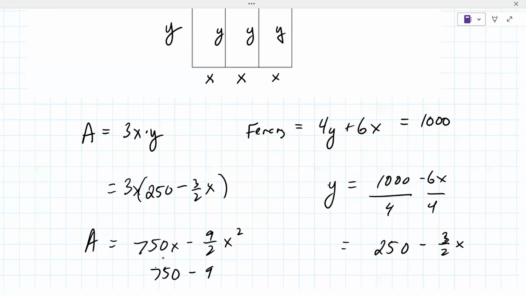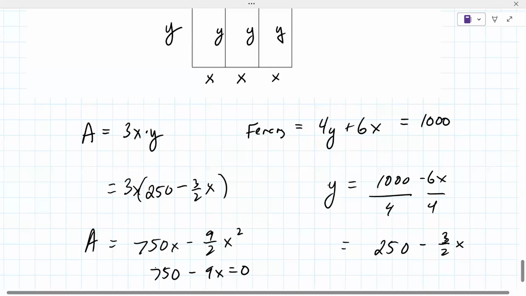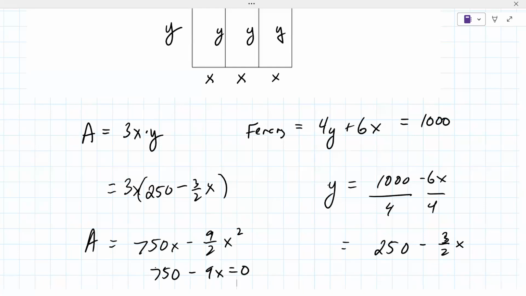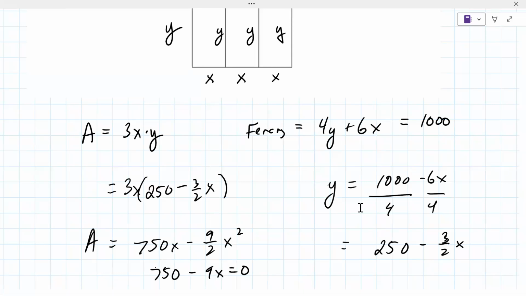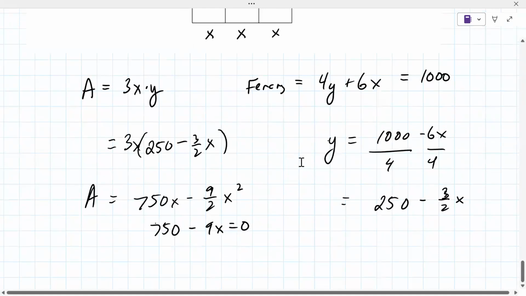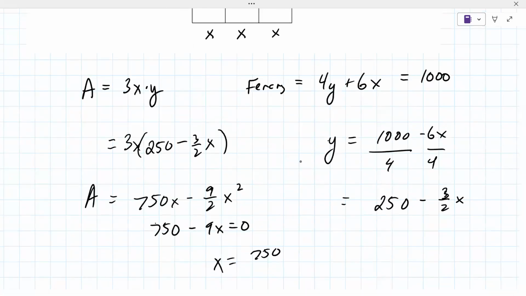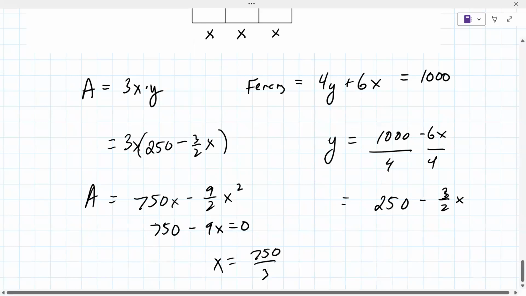Negative 9x equals negative 750. x equals 83.333. Maybe you stick to fractions, 250 over 3, and then you could go back in and find y if you wanted to. You could find the area if you wanted to, and so on.